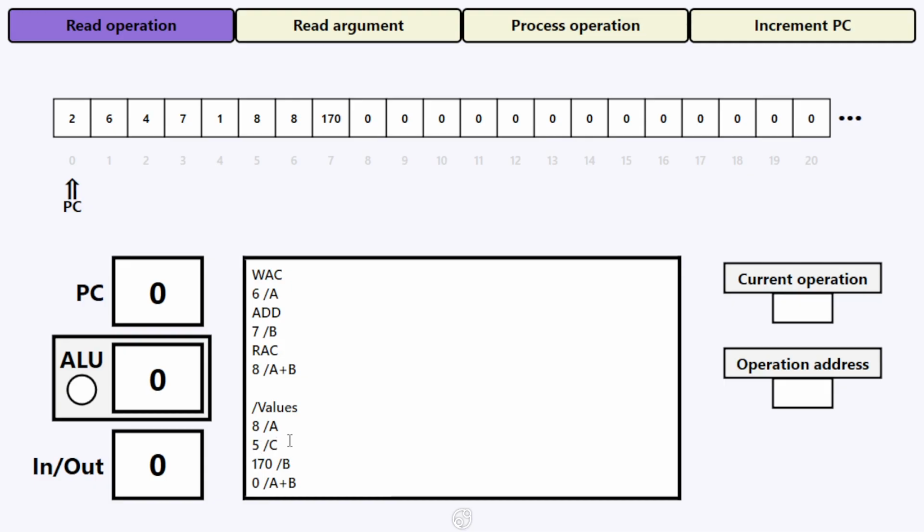So this is the address we previously stored B in, and this is the address we previously stored the sum of A and B in. So what this program will do, if I don't change it, it will take this value and add them together, writing them in here. So it will not add 8 and 170 to write down here, to this memory cell.